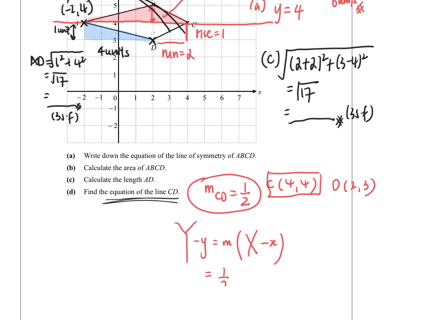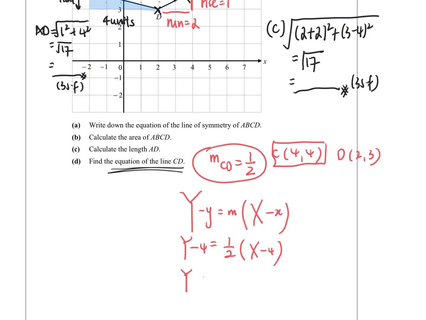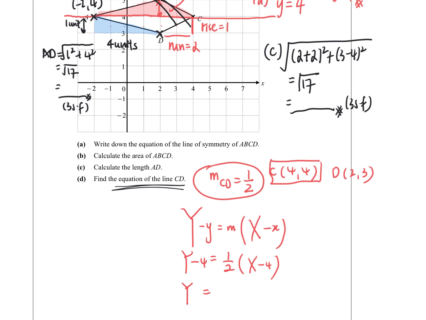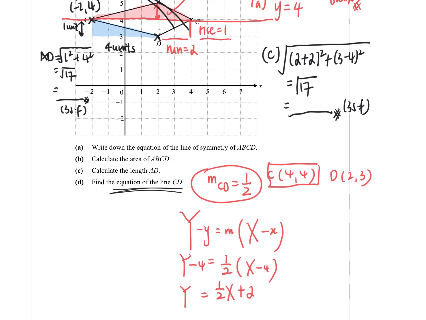So put in the half. Okay, put in the 4. Half is the rise over run. Guys, M is the gradient.